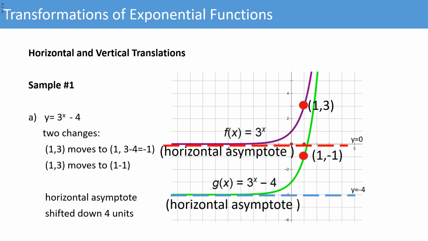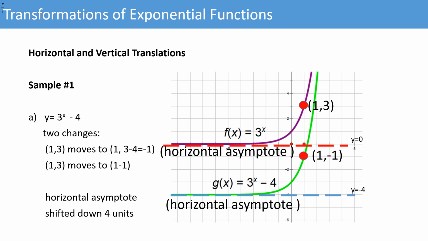If we take a look at sample number 1, the first thing we did is we graphed the parent y = 3^x. We have that represented on our graph with the purple graph and the dotted red line that represents the asymptote.